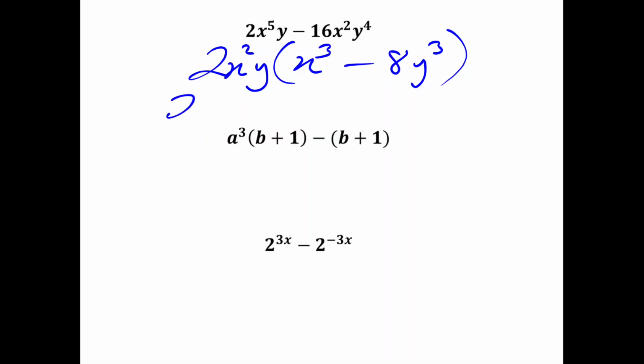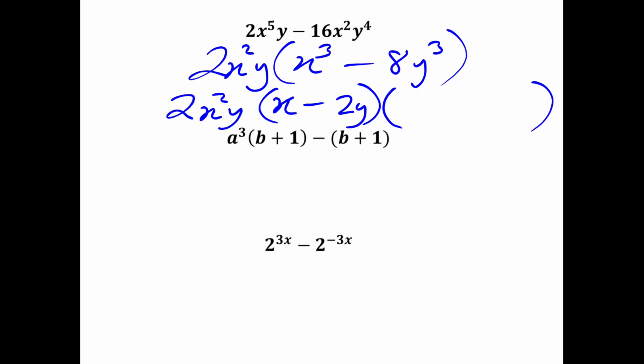So therefore we're going to say 2x squared y, and then introduce a bracket for a binomial and a bracket for a trinomial. Now, as for the bracket for the binomial, we're going to have x, which is the cube root of x cubed, and we're going to have 2y, which is the cube root of the 8y cubed, and then we're going to retain the minus.